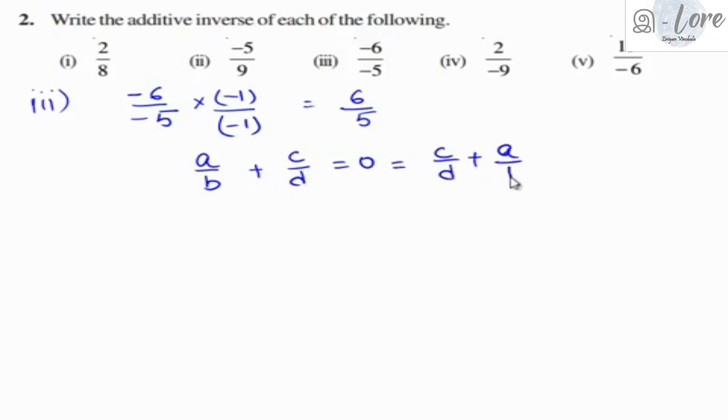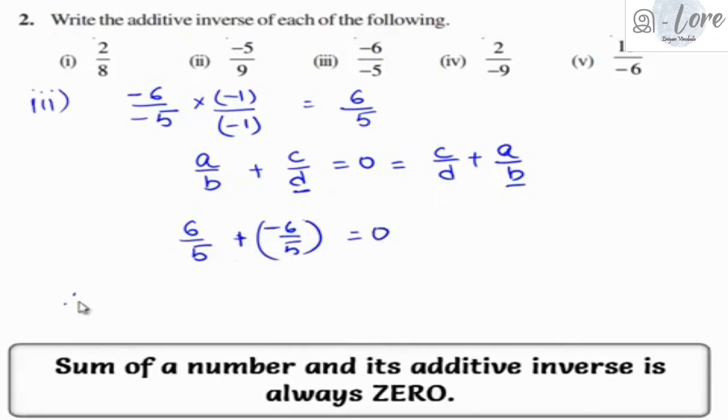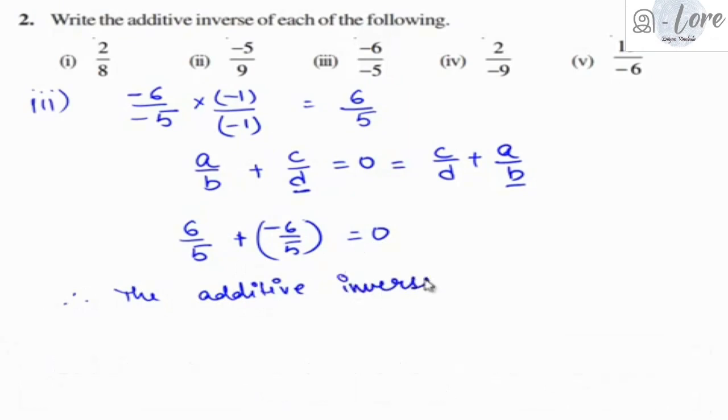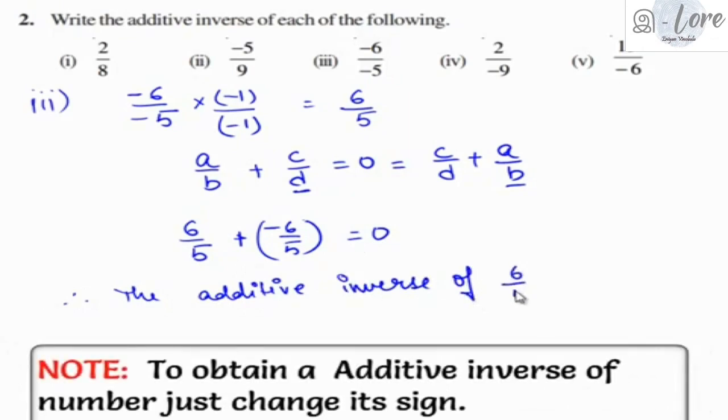Therefore C by D is the additive inverse of A by B, and similarly A by B is the additive inverse of C by D. Therefore the additive inverse of 6 by 5 is minus 6 by 5, because 6 by 5 plus minus 6 by 5 gives us 0. So the additive inverse of 6 by 5 is minus 6 by 5.